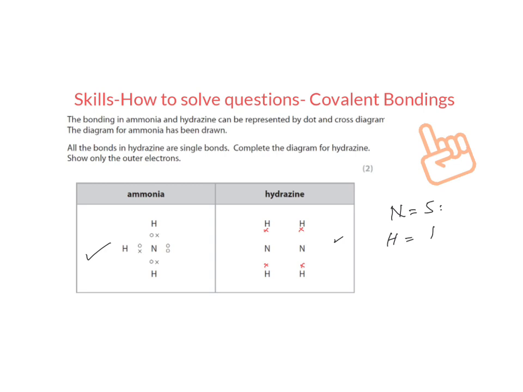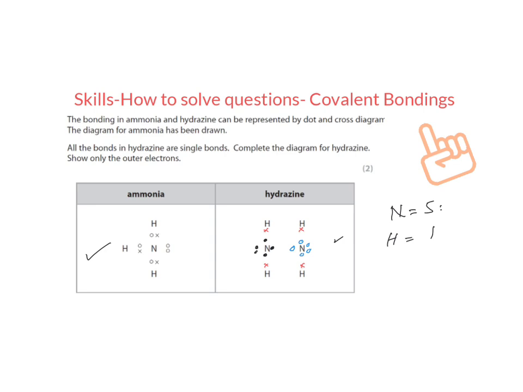Suppose this one I'm going to show by empty circle, right? Now 1, 2, 3, 4, and 5. What about the other nitrogen? Let me show them by filled circle. So 1, 2, 3, 4 and 5, because it's in the 5th group of the periodic table, right?